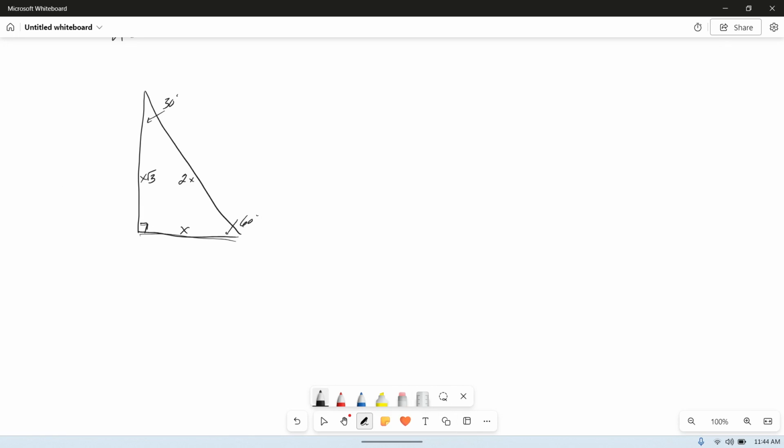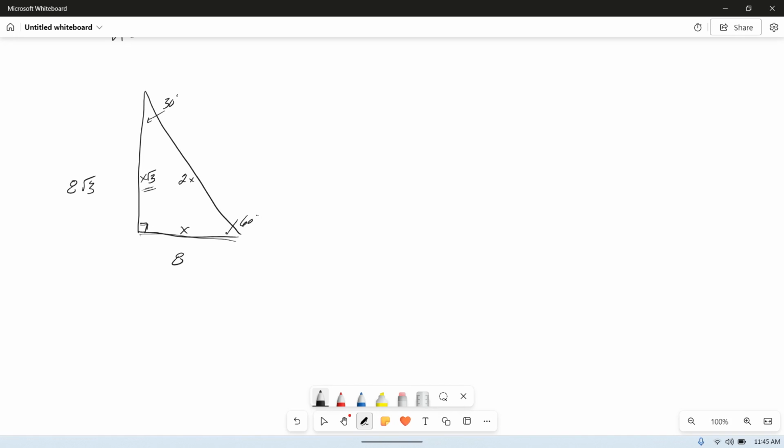A couple more examples here. If my long leg is 8 times the square root of 3, the short leg is going to be 8, because the long leg is the same length as the short leg times the square root of 3. A lot of people call that 8 root 3, I choose to call it 8 times the square root of 3.